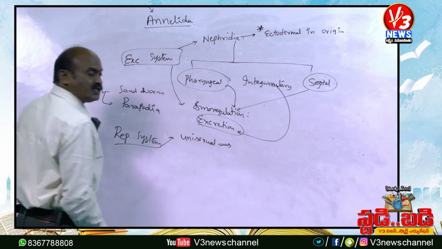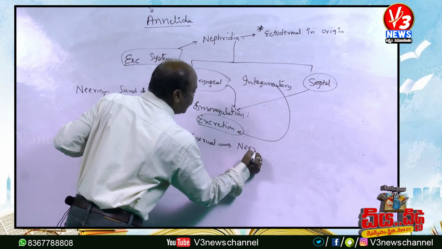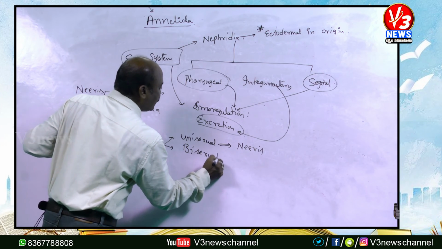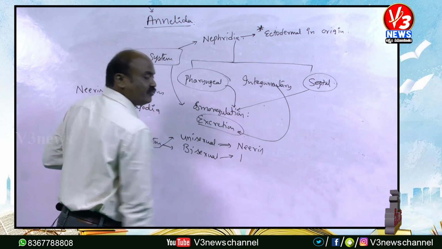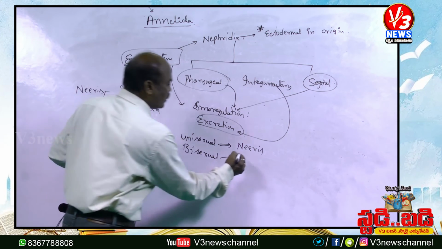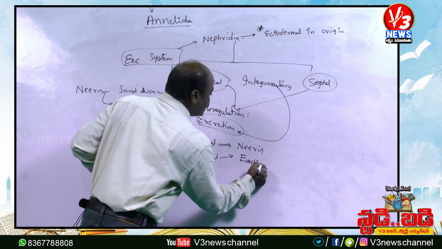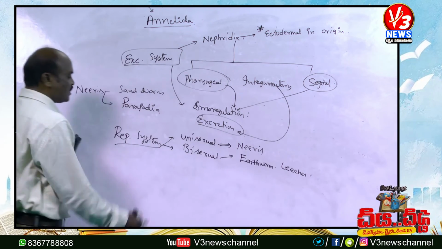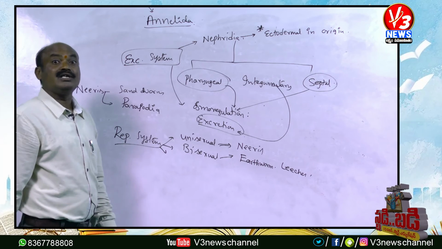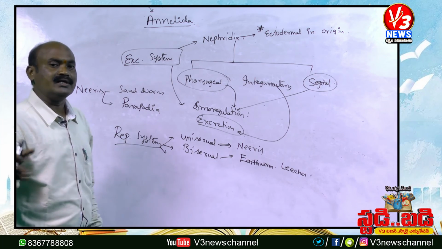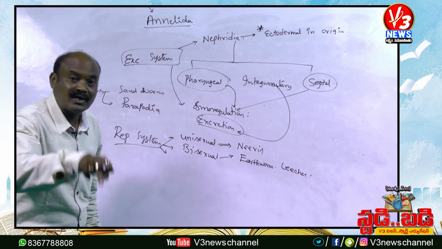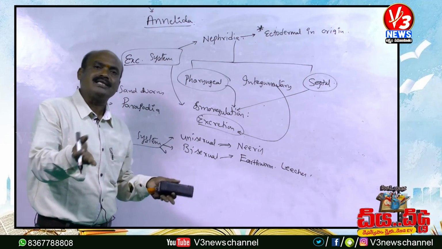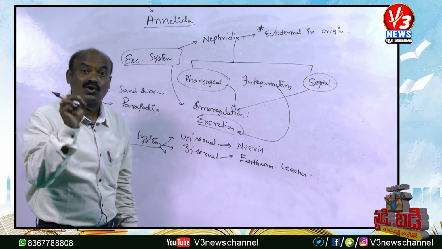Some are unisexual, for example Nereis, and some are bisexual, for example earthworm and leeches. And the fertilization is internal in some and external in others. Internal fertilization is only seen in leeches because they have a copulatory organ called the cirrus.